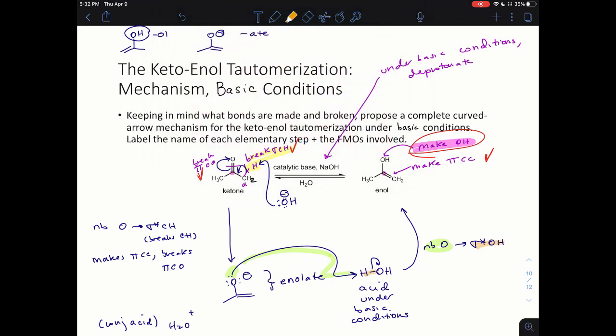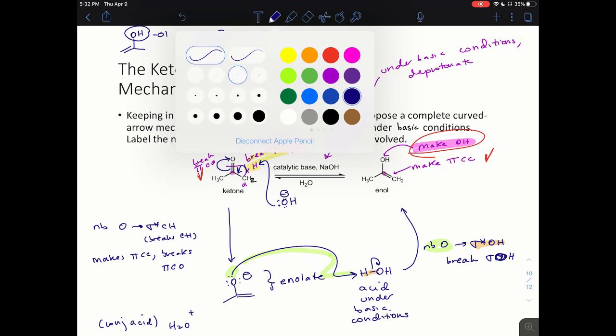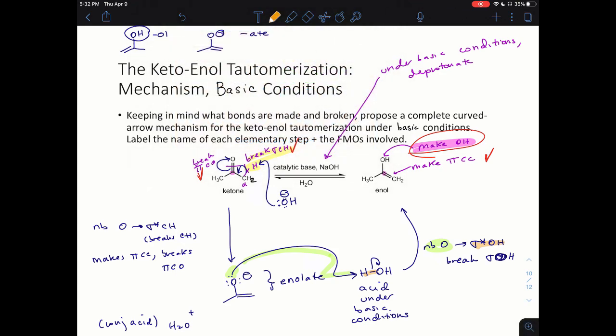You fill an antibonding orbital, that breaks the sigma OH, and then those electrons go to the oxygen in water. We actually didn't even draw hydroxide here, but you regenerated hydroxide, which is why this is called catalytic.